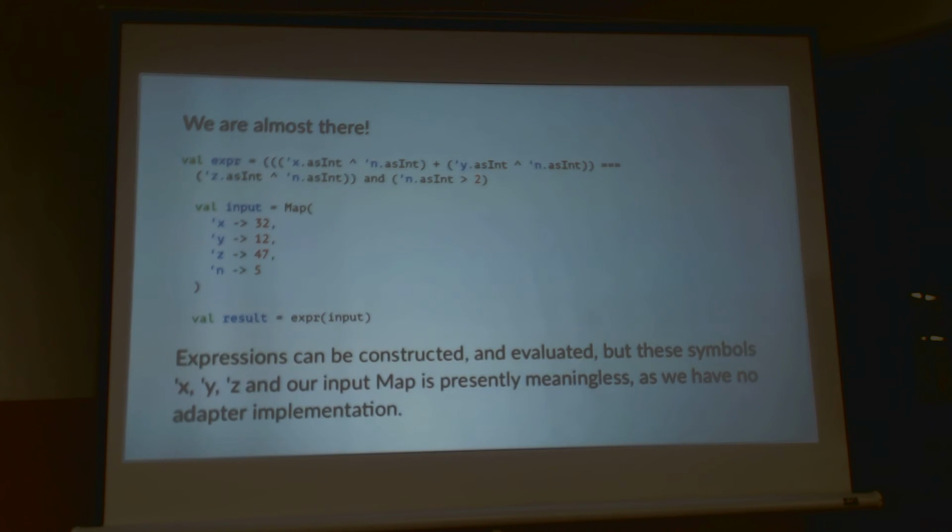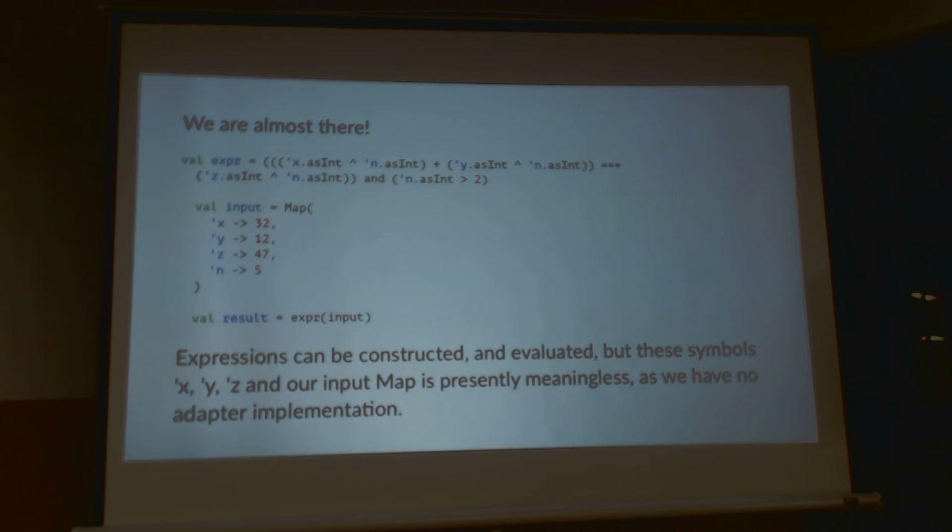So we're actually really close now. We've defined our library of operations, and we've defined a way to combine them together, handling errors. But all these symbols and maps have no relevance to our definition so far, so we have some adapter code that we have to write.